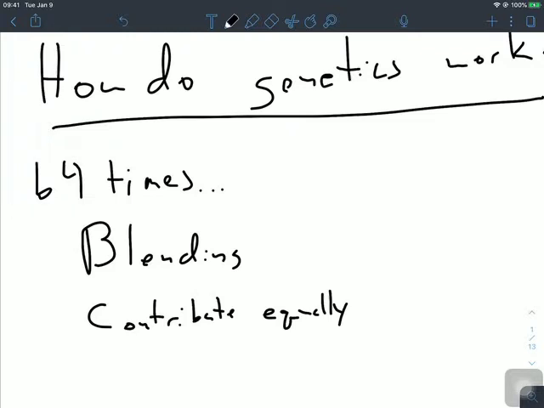We know that some traits are inherited like a flip of a coin, like gender, male or female, biologically. We know that we don't all tend to some average, because think about it: if genetics was equal blending, contributing equally, that would mean that after some number of generations, every single human being on planet Earth would look exactly the same.